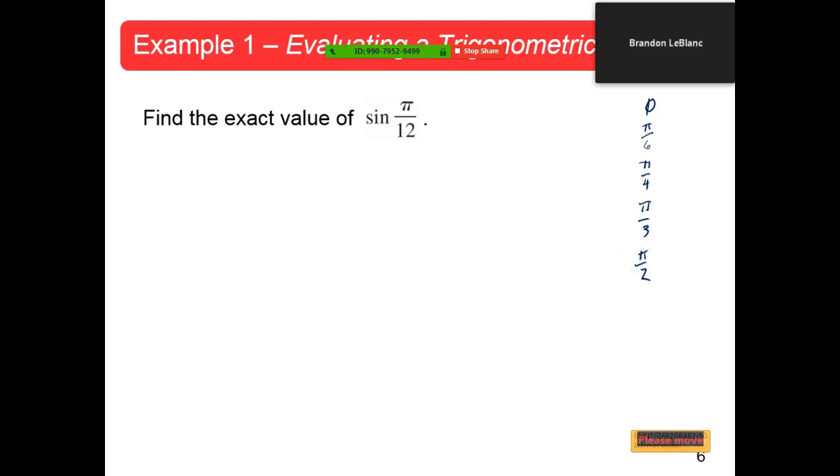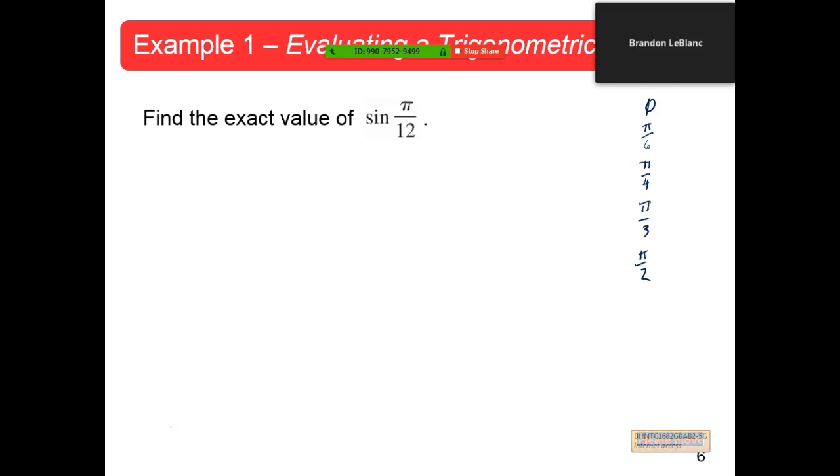We know the sine of all those. We know the cosine of all those. We can calculate the tangent of all those. Those are our favorite angles of all time because we already know their exact values. Anything else, sine of pi 5ths, you're going to have to use a calculator, okay?